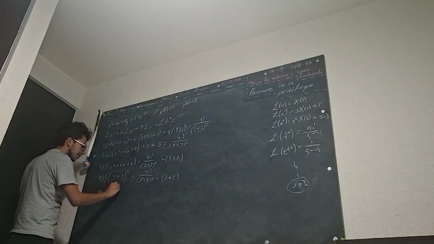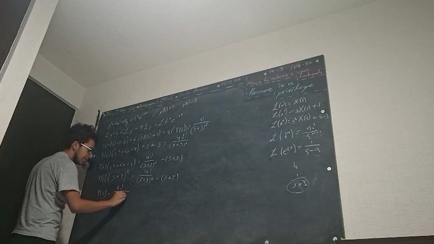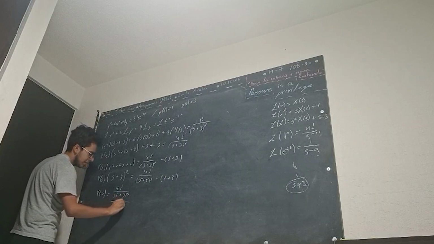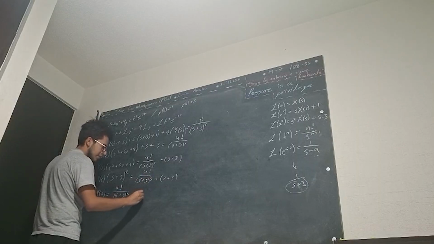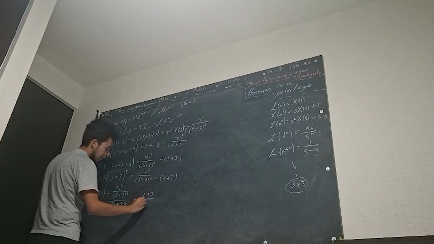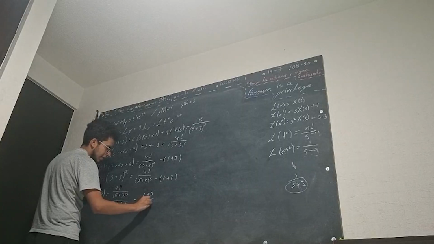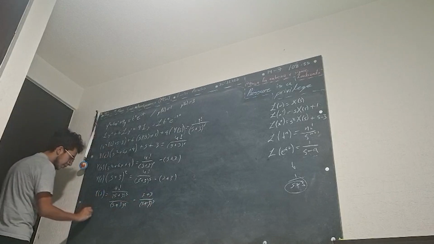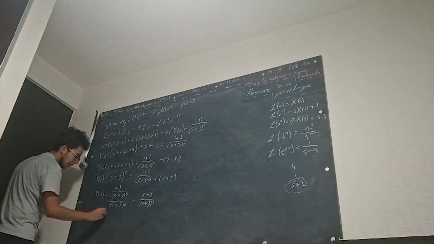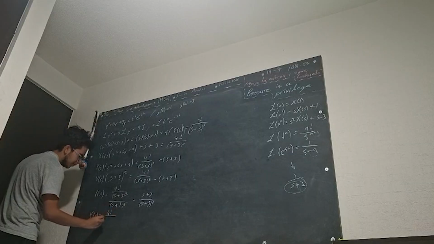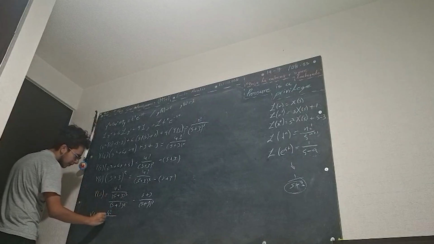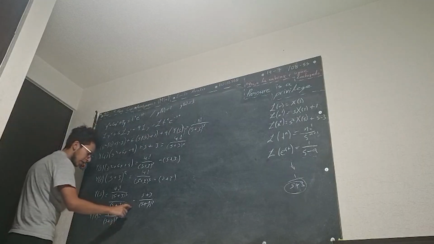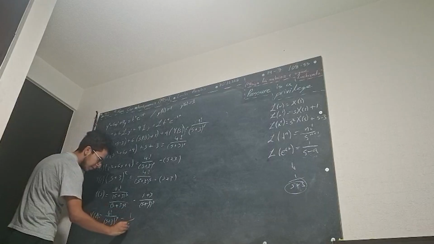So we will have 4 over s plus 3 to the power of 5 over s plus 3 to the power of 2, minus s plus 3 over s plus 3 to the power of 2. So we can simplify this. We will have 4 factorial over s plus 3 to the power of 7, minus 1 over s plus 3.